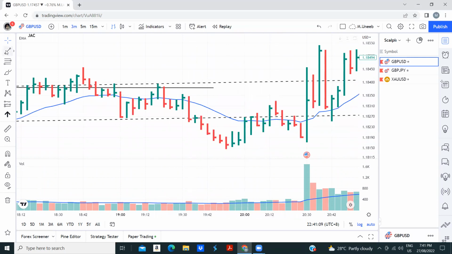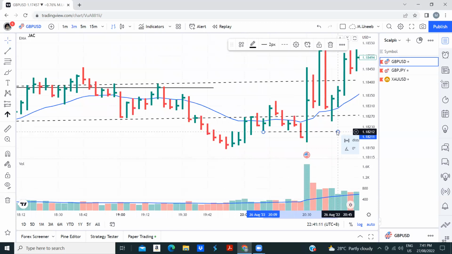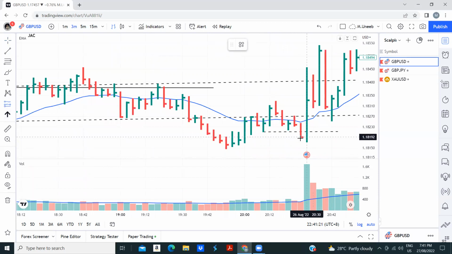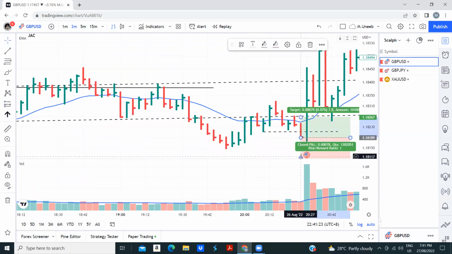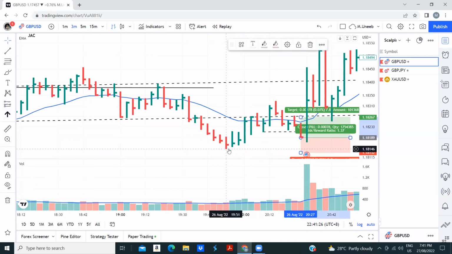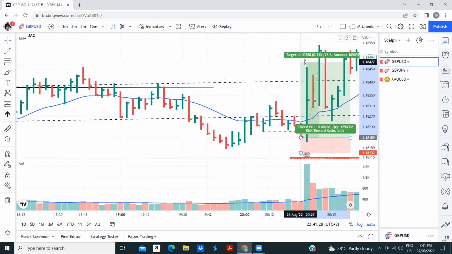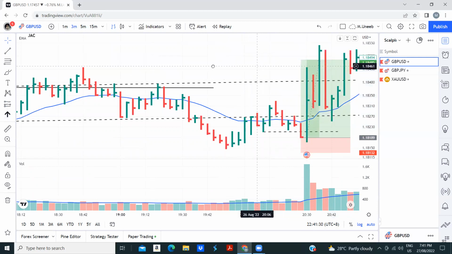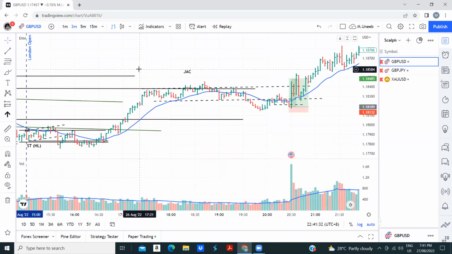And then the price tested this region with what? No demand. And just then the news came out. So obviously you have to take your trade, put your SL right over here, and capture this whole move to the upside. Got it?